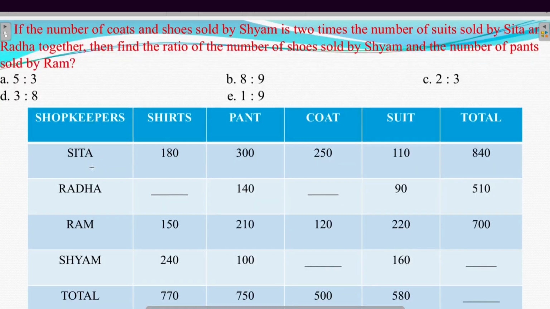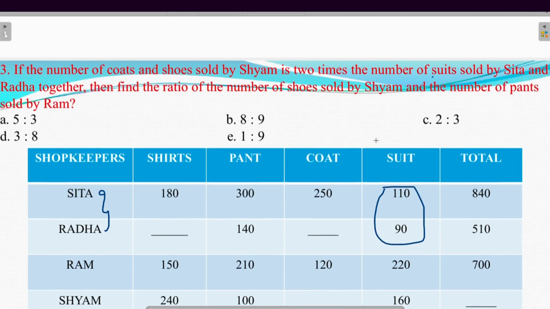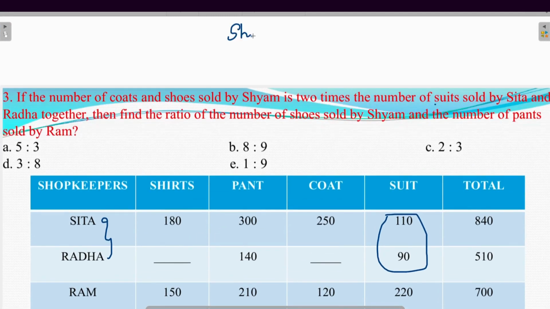One more question. If the number of coats and shoes sold by Sham is 2 times the number of suits sold by Sita and Radha together. First find out the number of suits sold by Sita and Radha. Sita and Radha suits sold is 200 articles. Then Sham's shoes and coats plus shoes will be 400, 2 times 200.